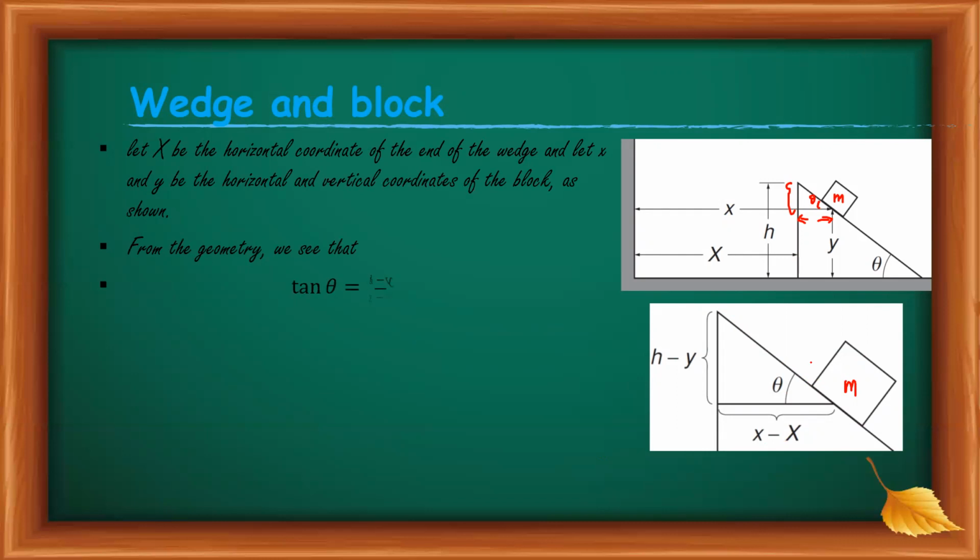Then tan theta is equal to h minus y divided by x minus X. Cross multiplying, we multiply x minus X with tan theta, and 1 with h minus y. Then we express h minus y is equal to x minus X times tan theta.